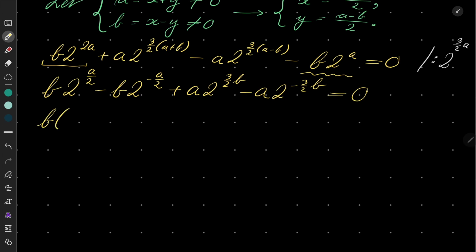And now we can group our expression. So b can be factored out, and here a can be factored out as well.